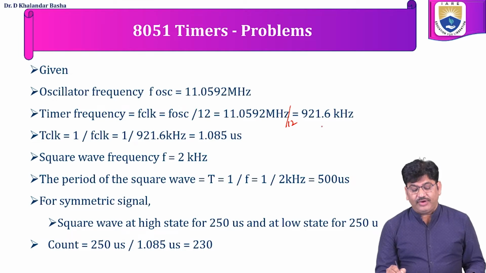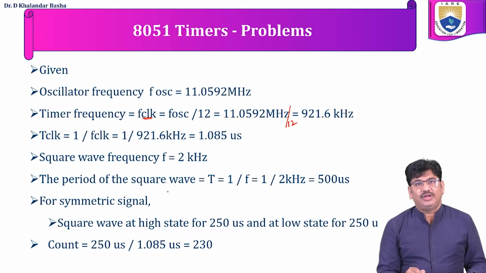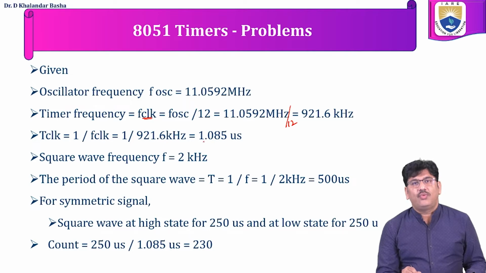This is the frequency of the clock. Then the time period of the clock, T clock, is equivalent to 1 by F clock, which is 1 by 921.6 kHz, which gives us 1.085 microseconds.